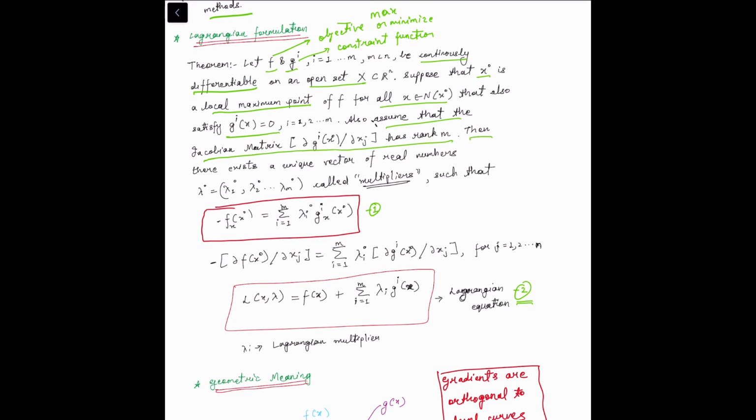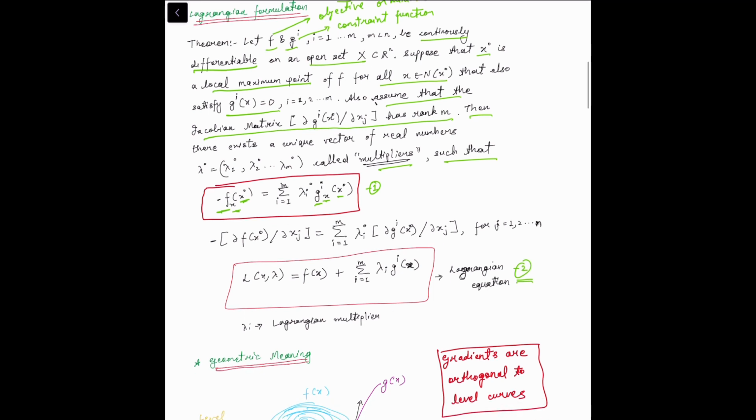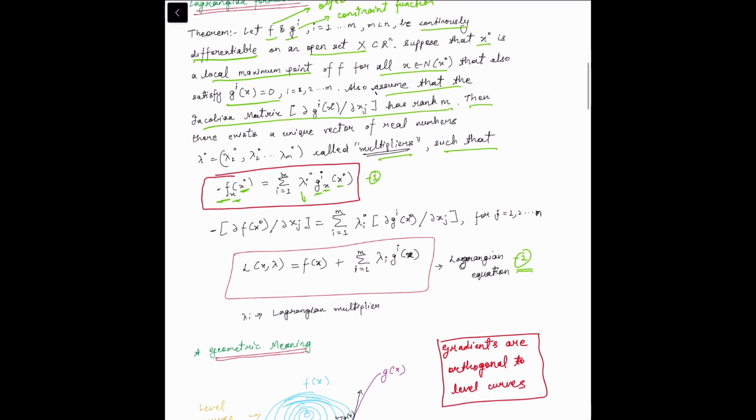Then there exists a unique vector of real numbers lambda_0, called multipliers, such that the derivative of f with respect to x at x0 is equal to the sum product of the derivative of g with respect to x at x0, with respect to lambda, and this lambda is called the Lagrange multiplier.